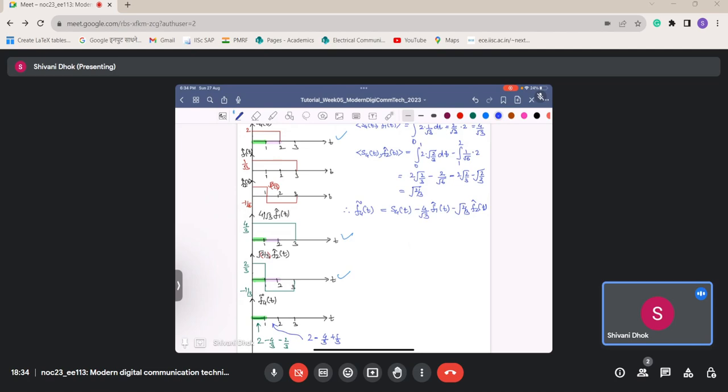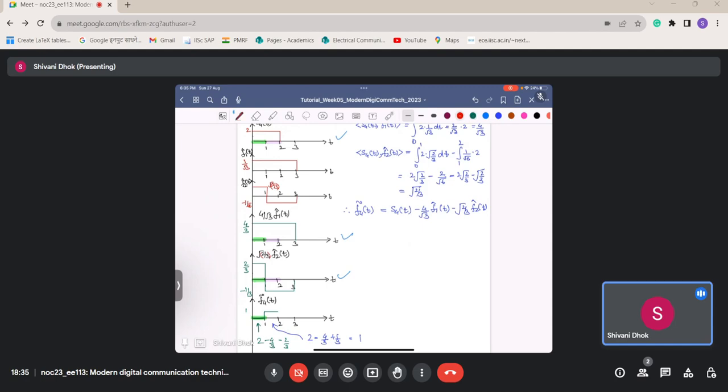Yeah, this is 2 minus 4 by 3. So this comes out to be equal to 1. Okay, so this is basically 2 minus 3 by 3, which is equal to 1. So this thing here is equal to 1.